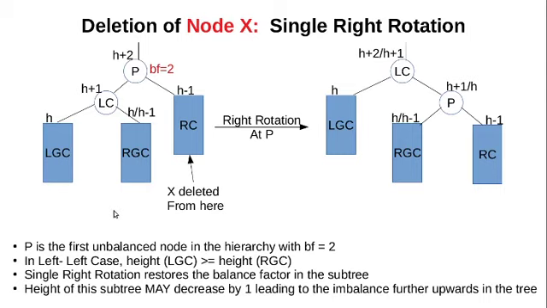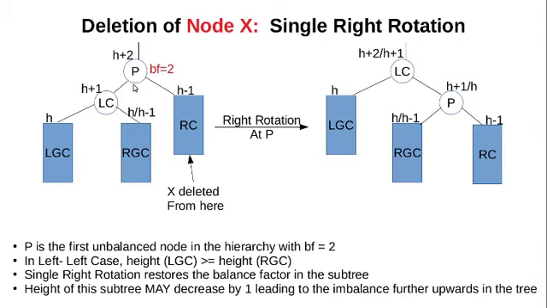Let's now formally show that the single right rotation is sufficient to restore the balance factor in the left-left case of balance factor violation. Consider the symbolic tree on the left in the slide. Here a circle represents a node and the rectangle represents a subtree.